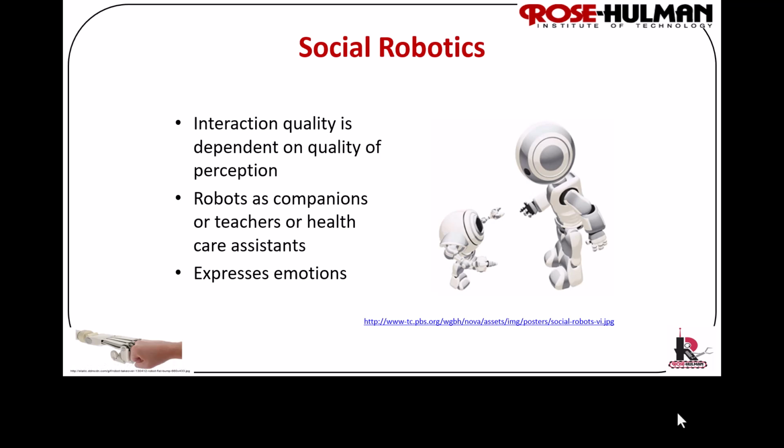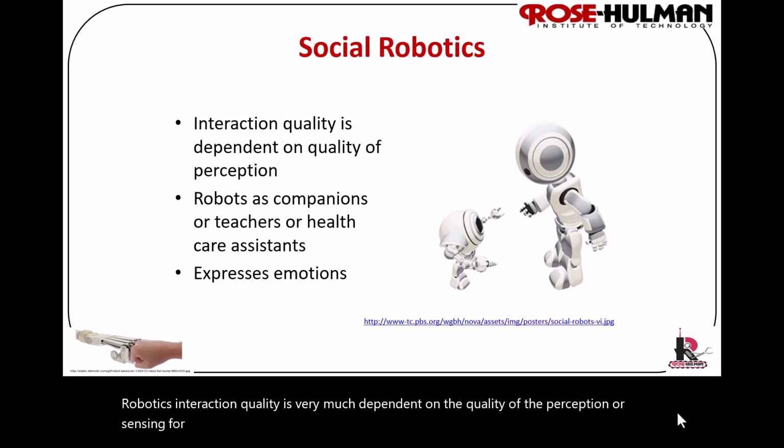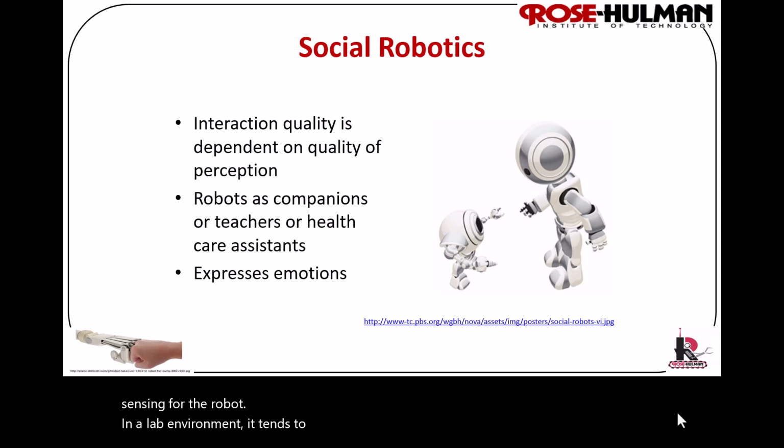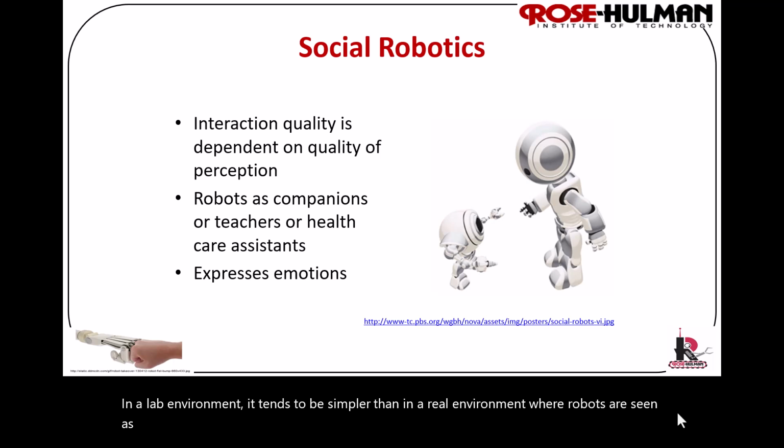In social robotics, interaction quality is very much dependent on the quality of the perception or sensing for the robot. In a lab environment, it tends to be simpler than in a real environment, where robots are seen as companions or teachers or healthcare assistants, and they express emotion.